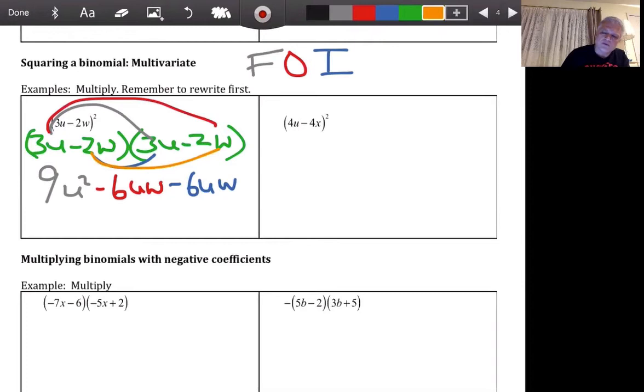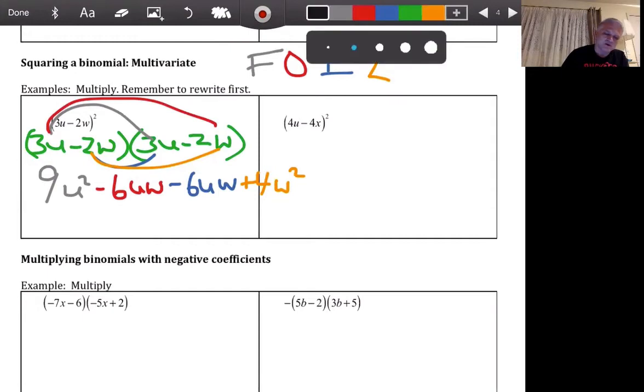So minus 2w times minus 2w, negative 2 times negative 2 is positive 4. And w times w is w squared. Okay, let's find some like terms.